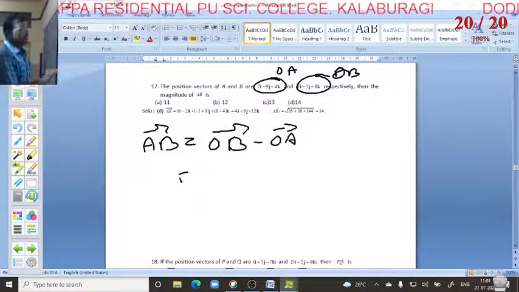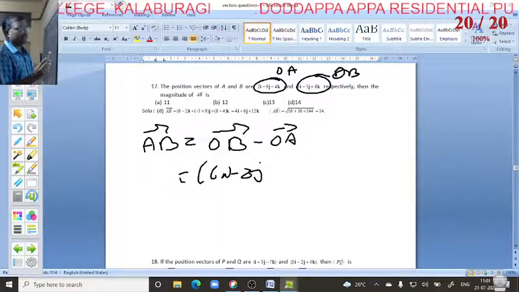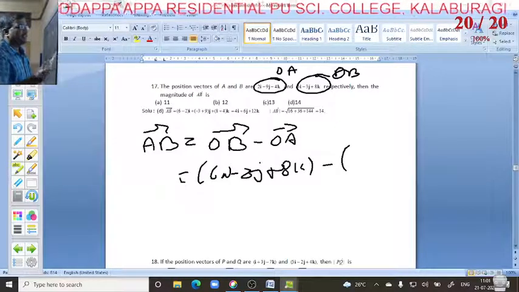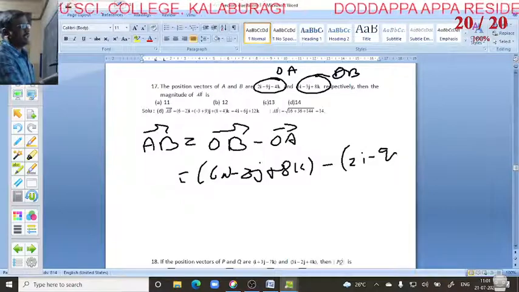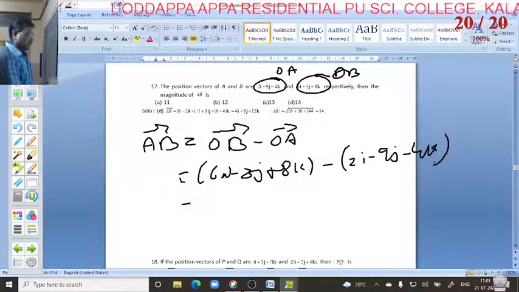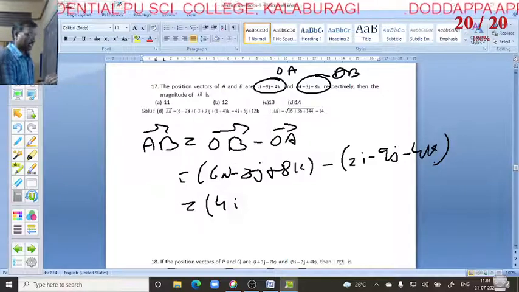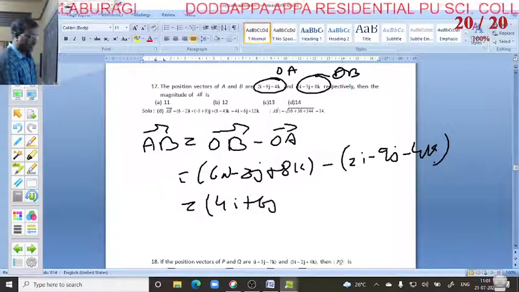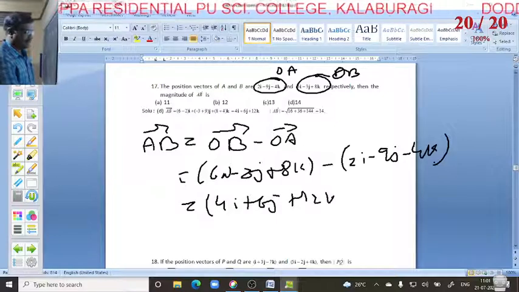Here OB is given as 6i minus 3j plus 8k. The OA vector is 2i minus 9j minus 4k. If you simplify it, 6i minus 2i is 4i, minus 3j minus into minus is plus 6j, and 8k minus into minus is plus 12k.